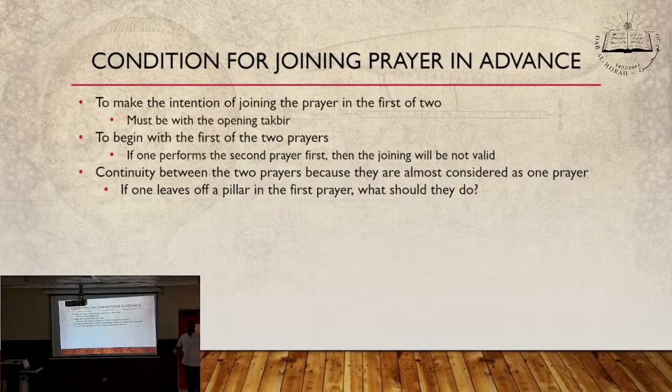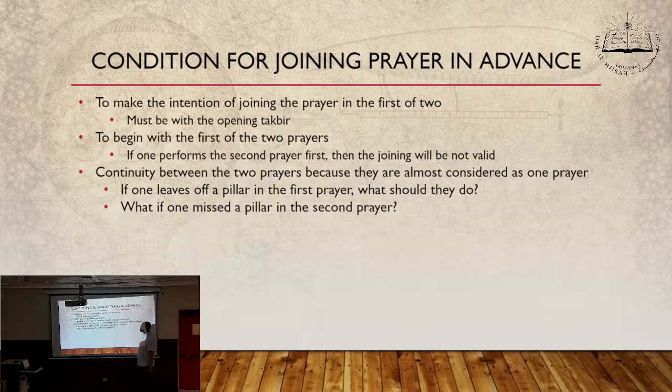I missed a pillar, so I have to pray both again. What if one missed a pillar in the second prayer though? He prayed Dhuhr in the first one, and in the second one, Asr, he missed a pillar. You'll just have to repeat Asr, not both, like before, right?